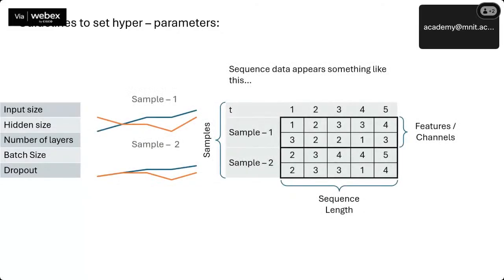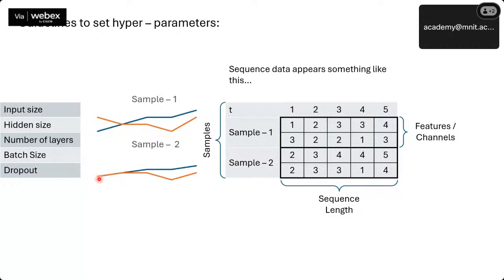So how to decide that? Let's say you have sequence data, and your sequence data appears something like this. So you have many samples. Let's say you have 100 or 200 samples, but right now I'm showing only two samples. By sequence length, I mean this particular part.